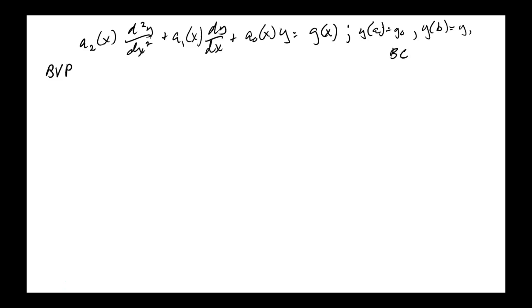See, the A and the B are two different points on the x-axis, but y0 and y1 are different points on the y-axis. So you could have two or an infinite number of solutions that meet at those 2 points, and they won't be a unique solution, okay? Because you could have 2 or more solutions that fit both of those requirements, okay?